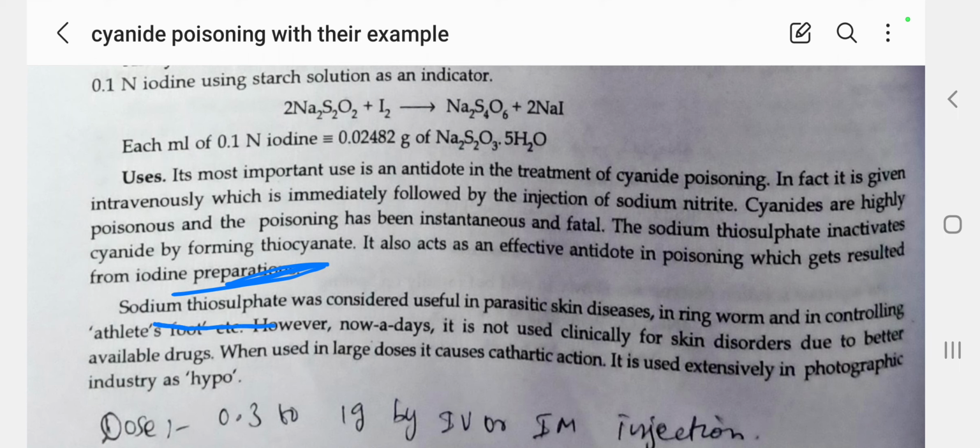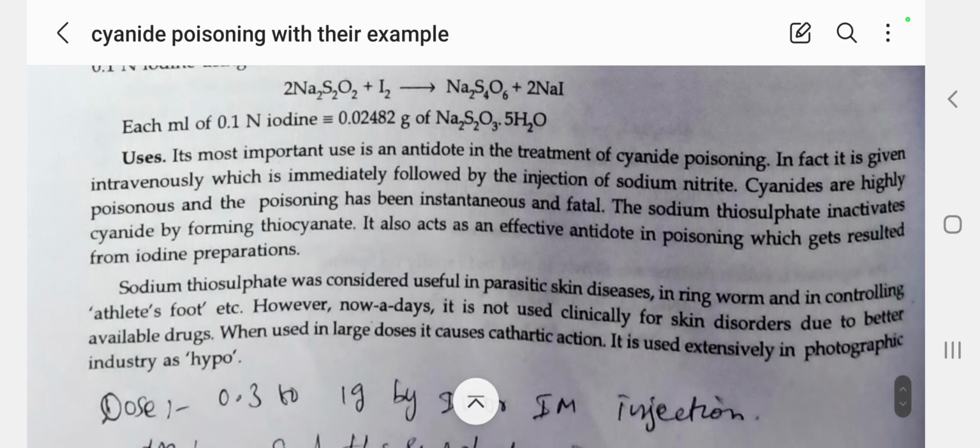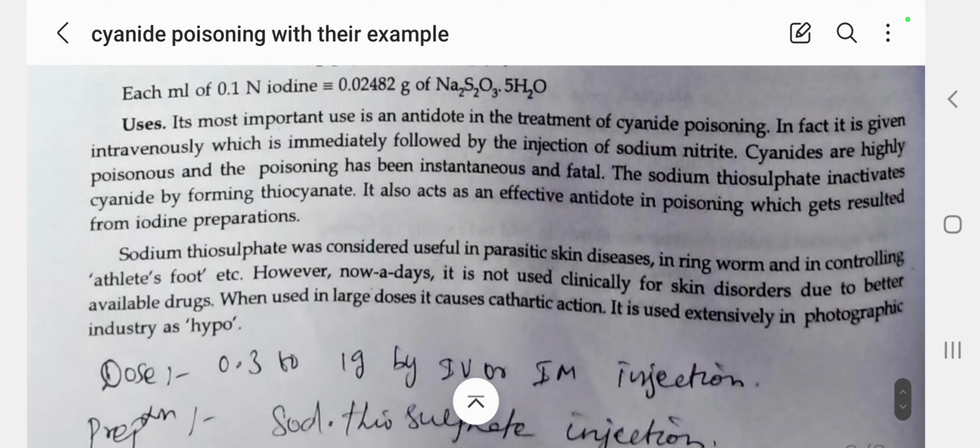Sodium thiosulphate was considered useful in parasitic skin disease and ringworm and in controlling athlete's foot, etc. However, nowadays it is not used clinically for skin disorders due to better available drugs. When used in large doses, it causes cathartic action.